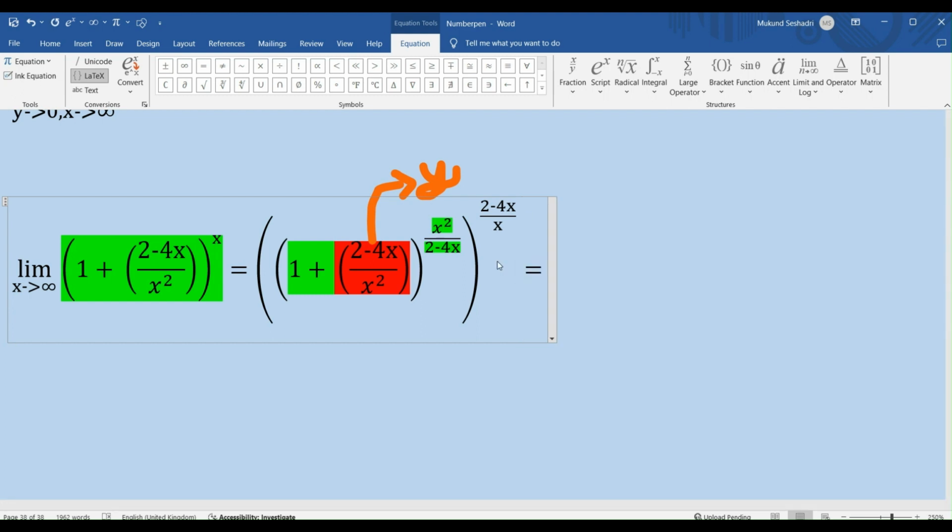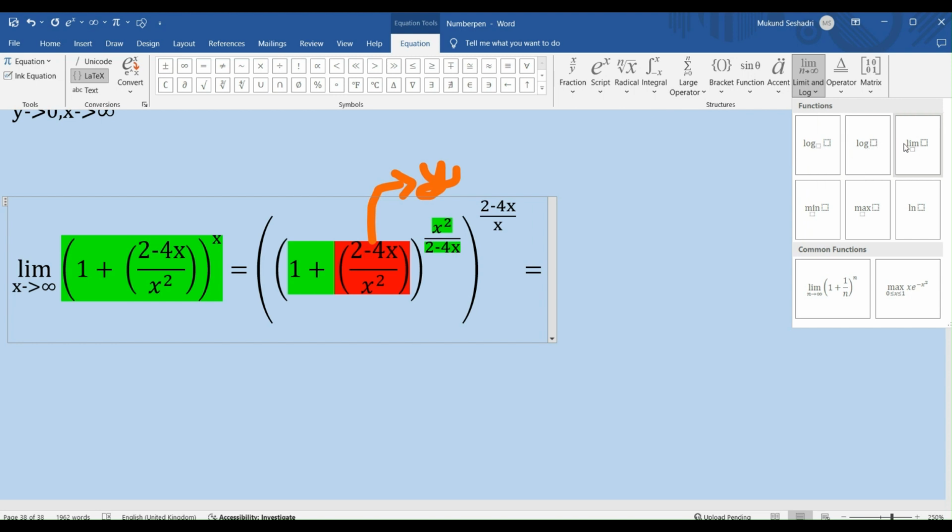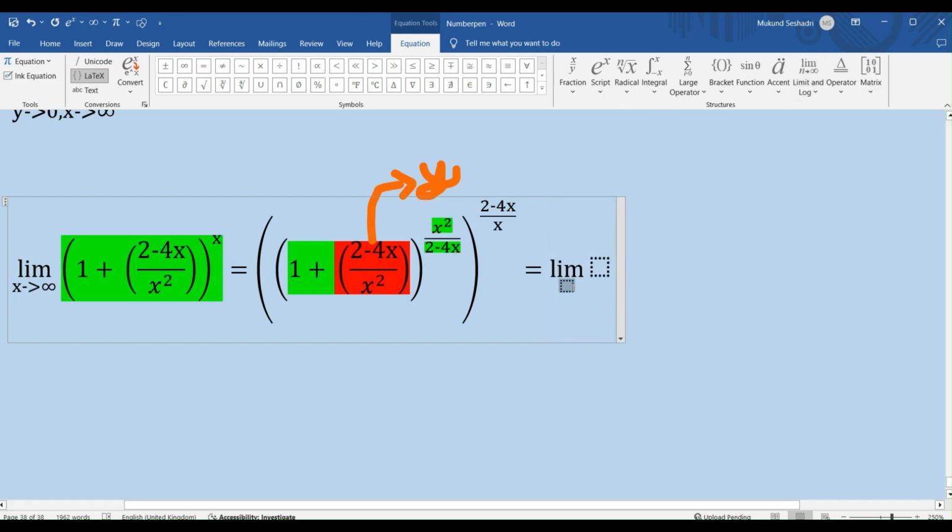And when we rewrite this expression using y, we know that 2 minus 4x by x square is nothing but 2 by x square minus 4 by x, right? And what does that tend to? That tends to 0, which is your y in this case. So my y tends to 0 and my x tends to infinity.